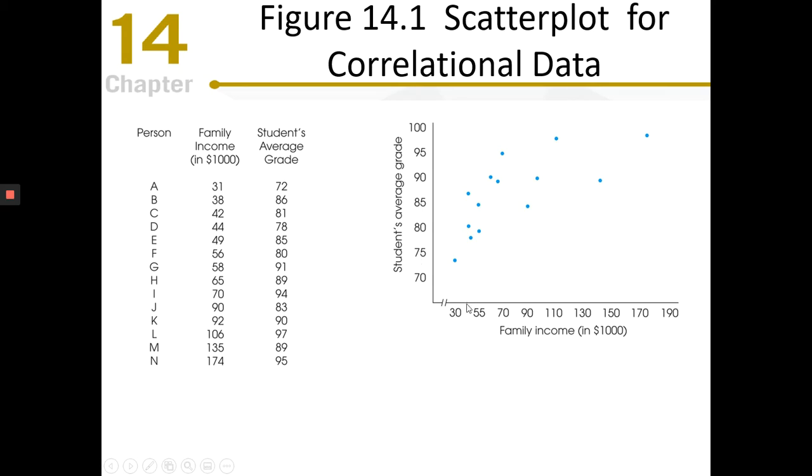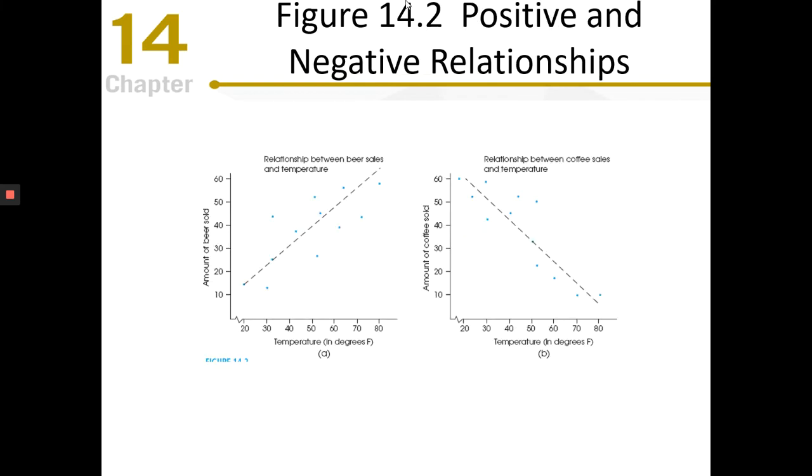Next person, 38, 86, probably here. And so each person's data gets plotted that way. That's what a scatter plot is. Each of these dots is a person, and their score on this variable is related to their score on this variable. You won't have to do this, and you probably know already what this is. I'm just going over it real quickly.